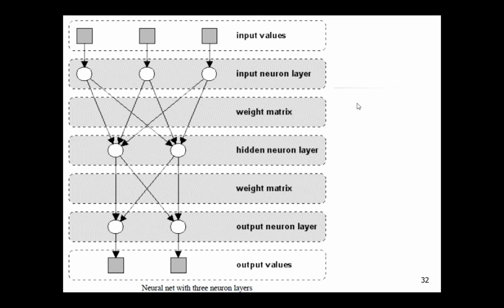Similarly, each hidden neuron is connected to the two output neurons, thereby we obtain the output. The value of the output mainly depends on the weight matrix we consider and also the activation function we select.